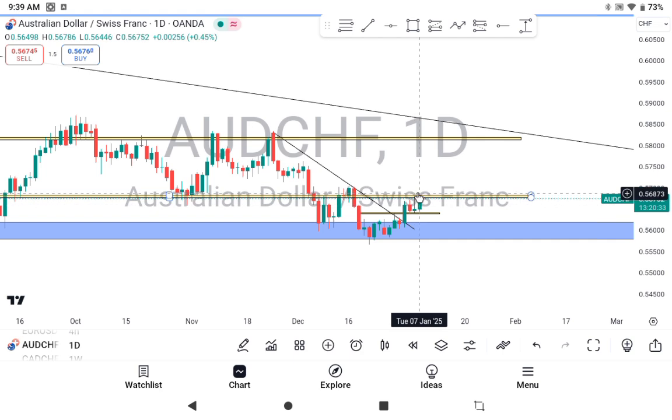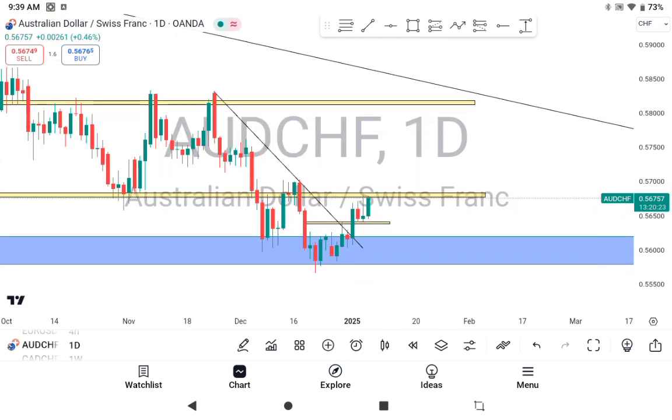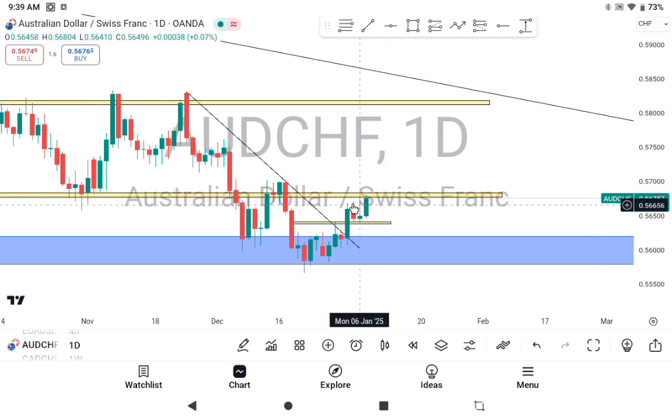Price wants to come here. But as it is now, what is holding price from going higher? What is holding price from going higher is this yellow bar right here. As you can see, since last week we have a bullish engulfing candle on the daily time frame. When price got here, that minor level of resistance rejected price to the downside.